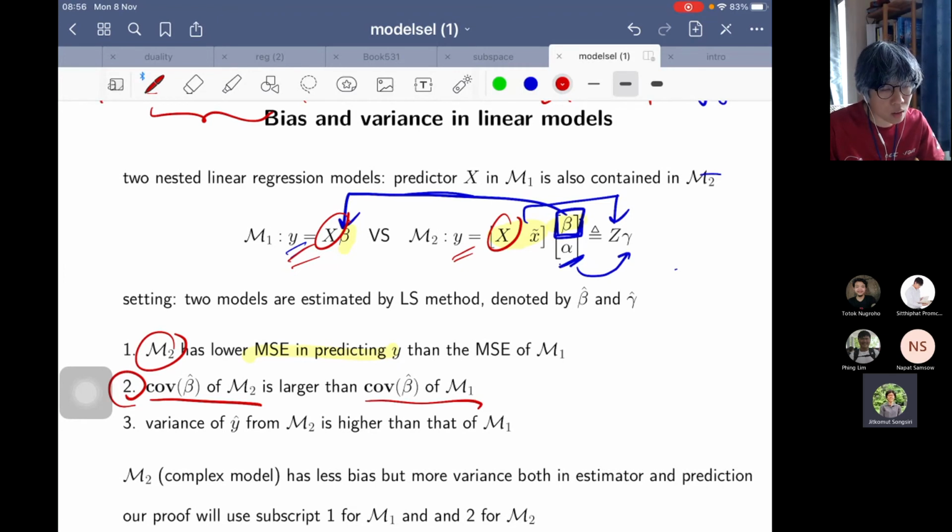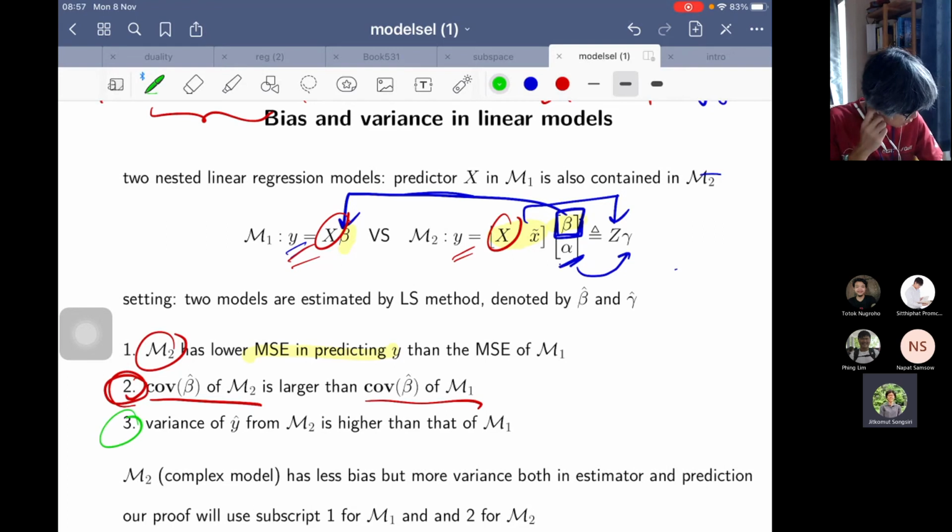Is this a good thing or undesirable? A bigger covariance is not a good thing. This is unfavorable, right? So in the second bullet, it seems that M2 has a drawback in this sense.